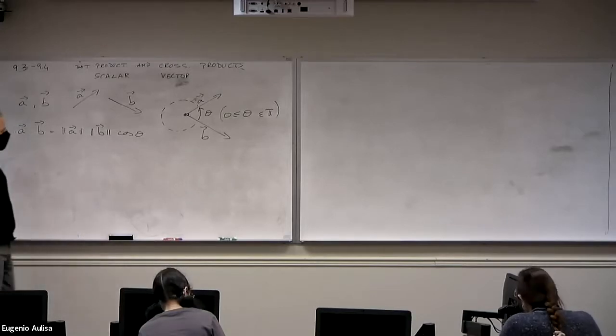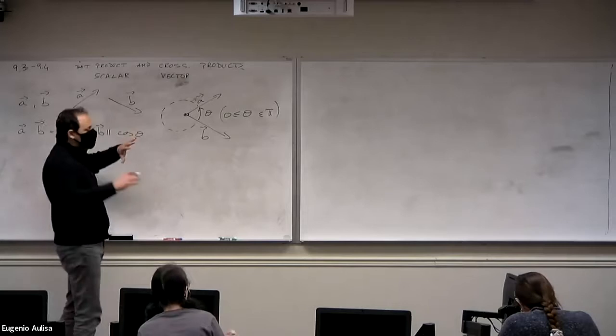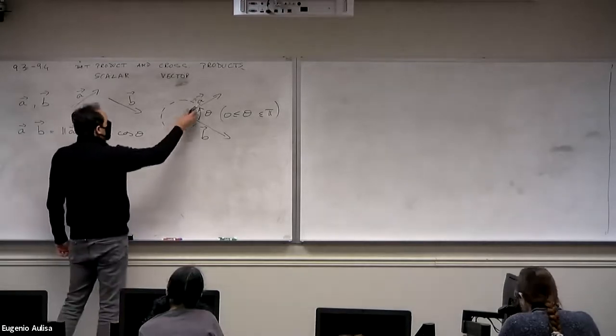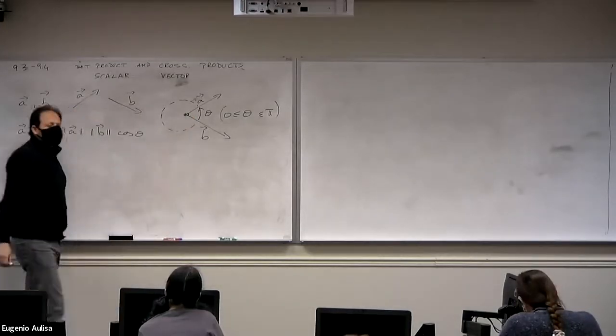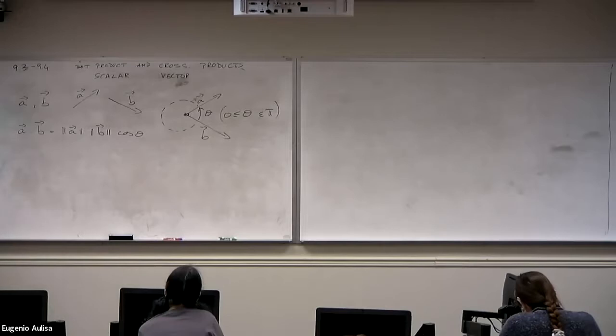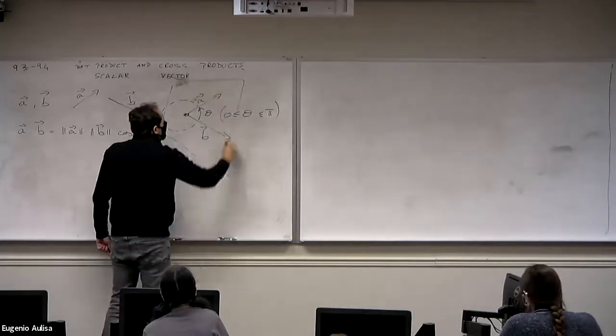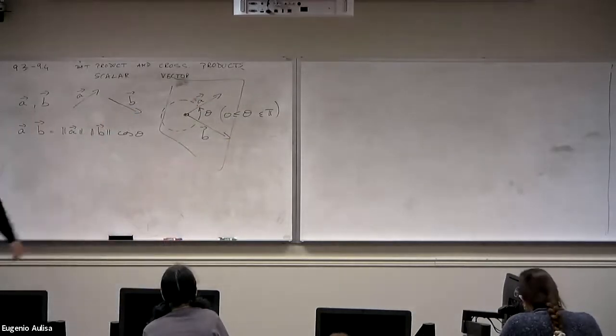Now, notice that I'm not making any assumption about these vectors. They are in 2D and 3D. This construction can be done for any vector in 2D and 3D. The only thing is that this plane where these two vectors are can be a plane that is not a whiteboard, it's a plane that is in the 3D space. Okay?